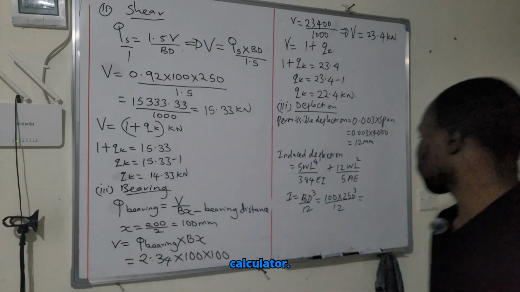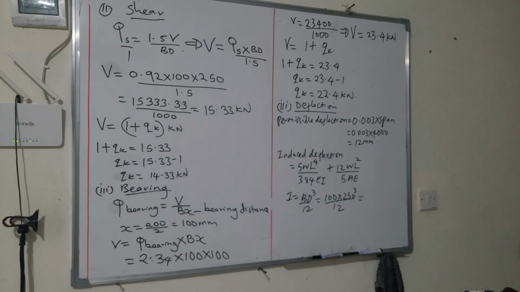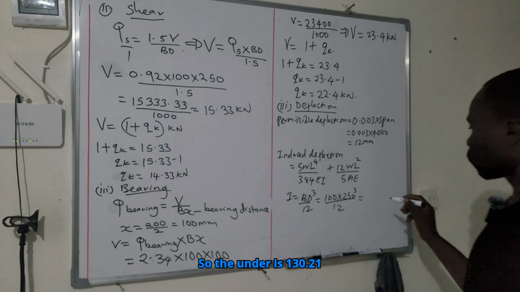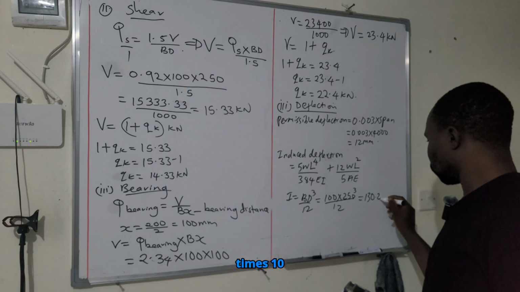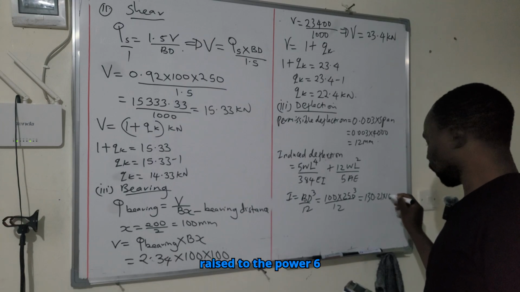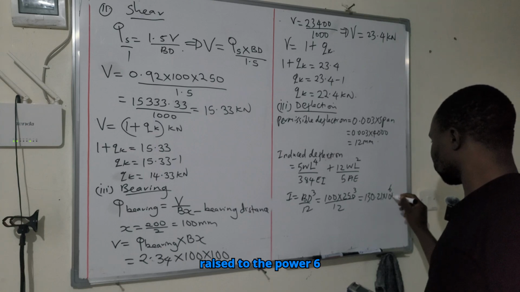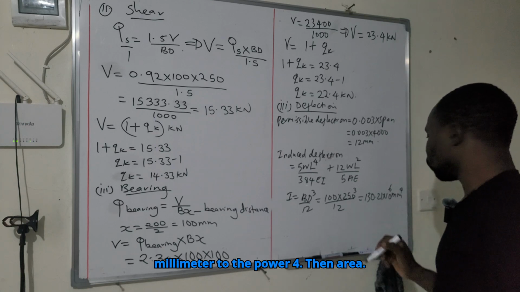And then you punch your calculator. So the answer is 130.21 times 10 raised to power 6 millimeter to power 4.